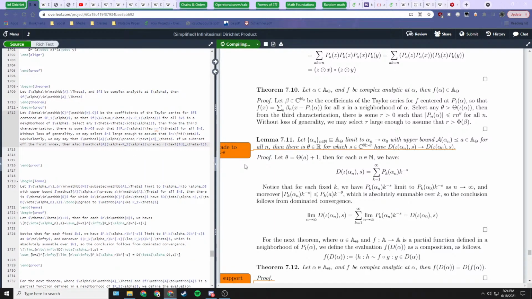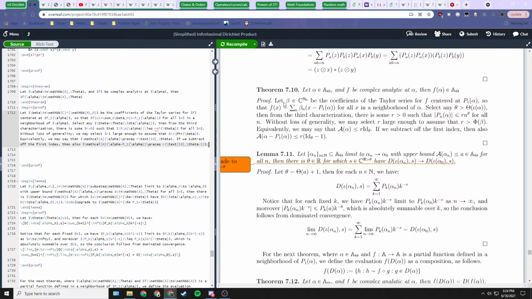Okay, so to summarize, we're saying beta are the coefficients of f. Select a theta greater than theta iota alpha, and then this r greater than 0 such that alpha is bounded by r n power theta. Without loss of generality, we're also going to select r large enough to assume that r is greater than phi beta.